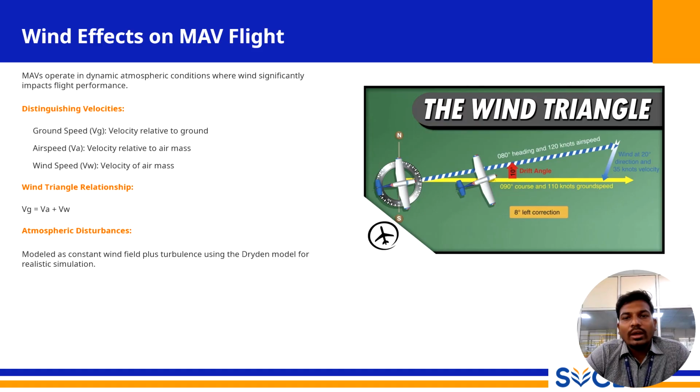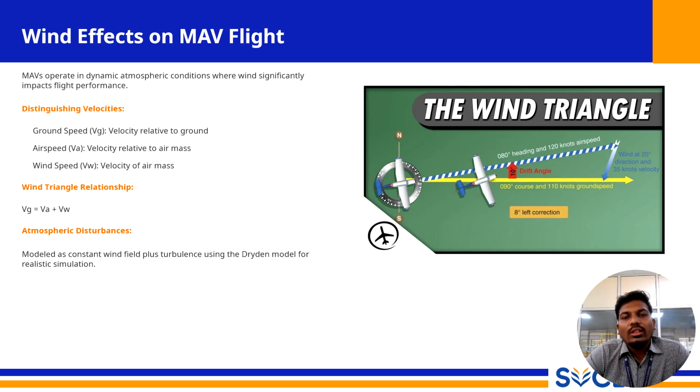In order to counteract this wind and maintain the desired path, the pilot cannot simply point the aircraft nose at 90 degrees. Instead, they must fly at an 80 degree heading and 120 knots speed, pointing the aircraft into the wind.